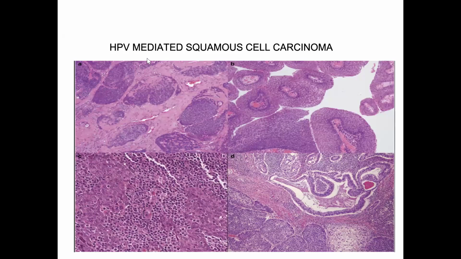Other appearances. You can have nests that are a little bit more basaloid. You can have the lymphoepithelial type, the adenosquamous type, the papillary type, okay? All very streamy, very basaloid, HPV positive.